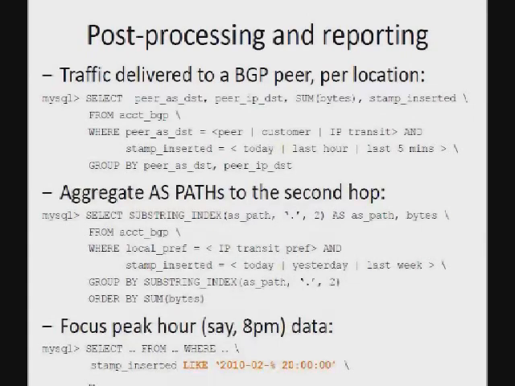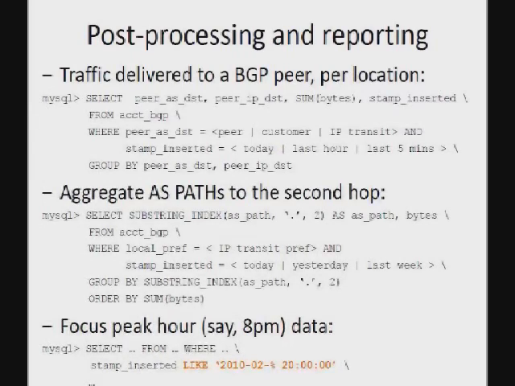So essentially, what you try to do is to aggregate AS paths to the second hop. So you try to see the common denominator right after your IP transit provider, who you can peer with and get most of the destinations of your traffic, instead of trying to peer with everybody, which maybe is not always an option.